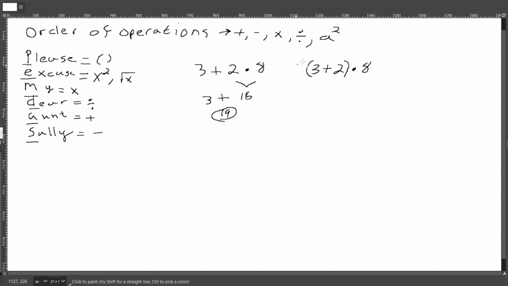The parentheses is its own world. It just doesn't care what else is outside of it. So you must do what's inside of the parentheses first. So in this instance, we will get 5, right? But then 5 times 8 will be 40. So you got to be super careful. You see how one parentheses can change everything, right?